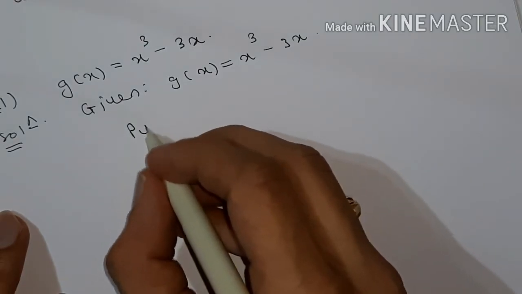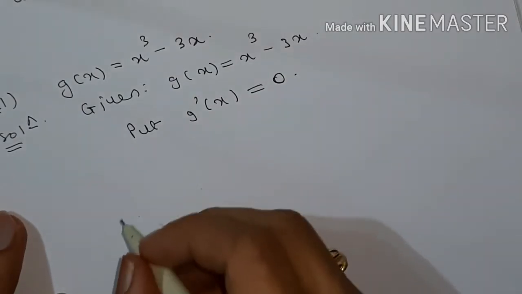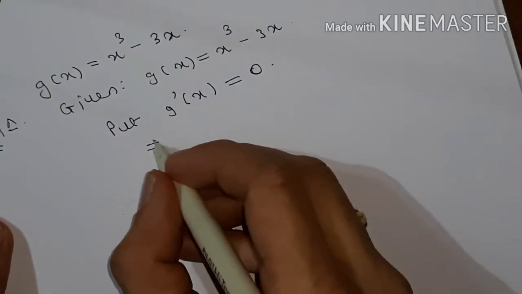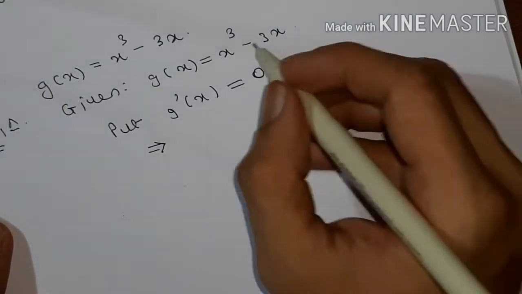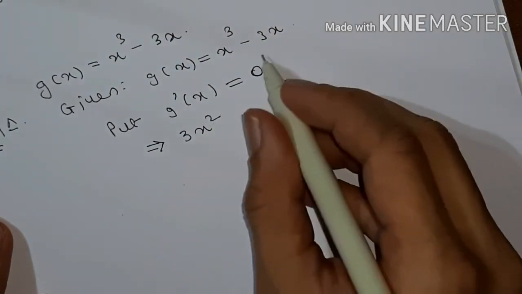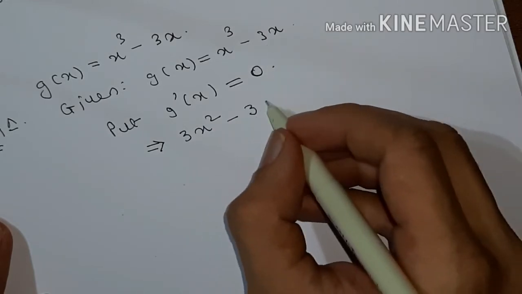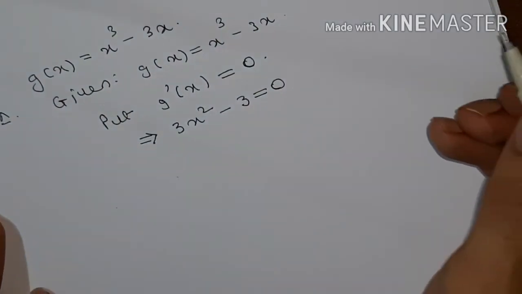That is the first step. So put g prime of x equal to 0. X cube derivative is 3x square, then minus derivative of 3x is 3, which is equal to 0.